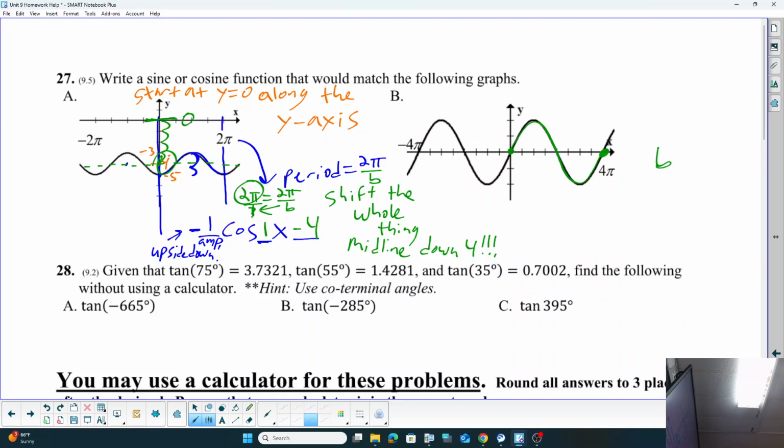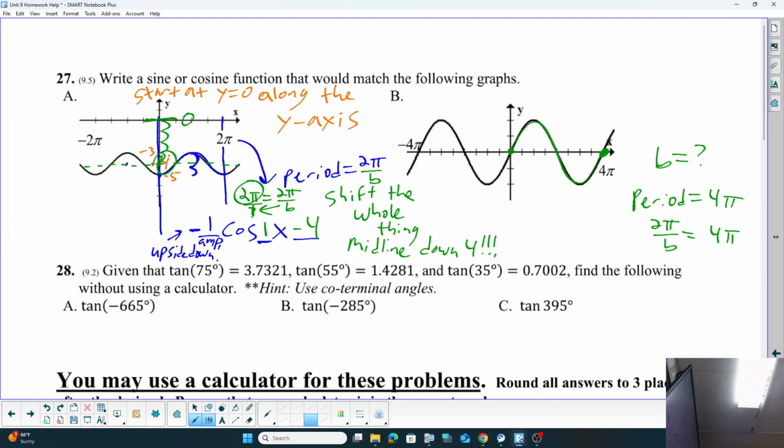So this one would be going from sine, going up and down and up again. And this b value, not sure, but we know that the period is equal to 4 pi. So the formula is 2 pi over b is equal to the period, which is 4 pi.